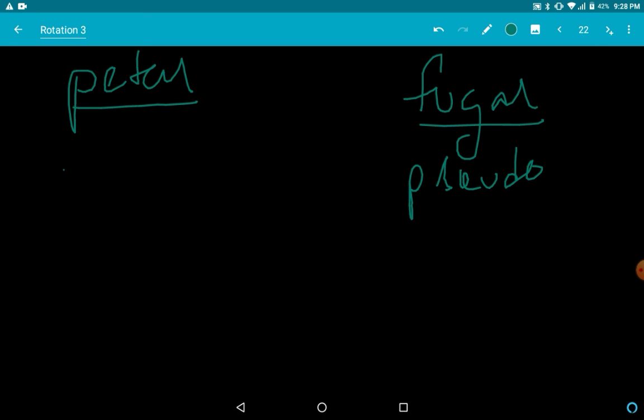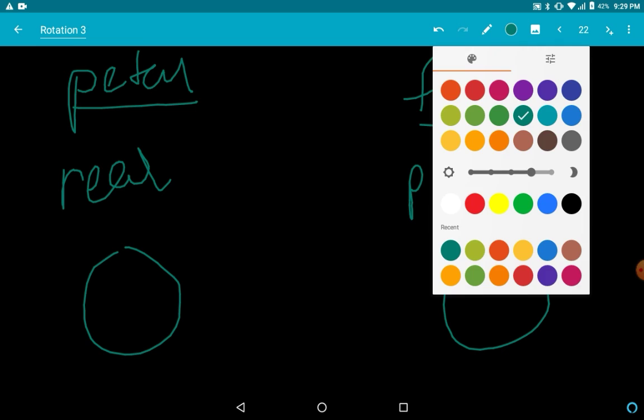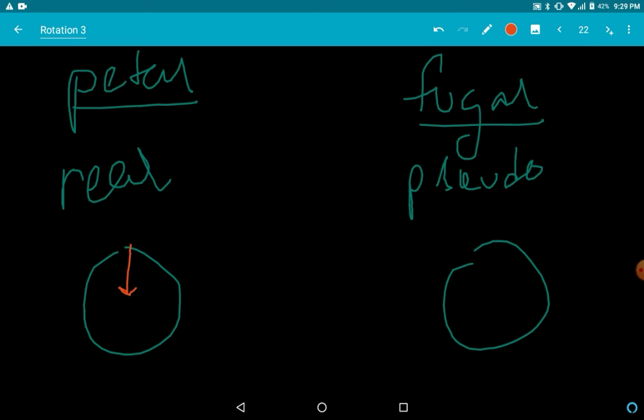And centripetal force is a real force. One second, let me change the color. It acts radially inwards and the centrifugal force acts radially outwards. These two differences are enough.